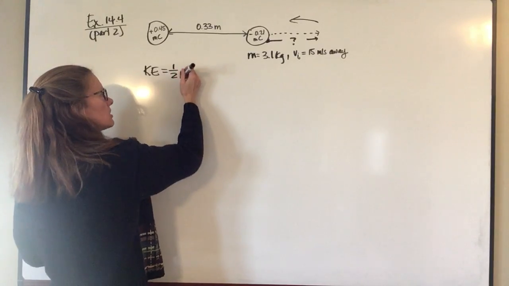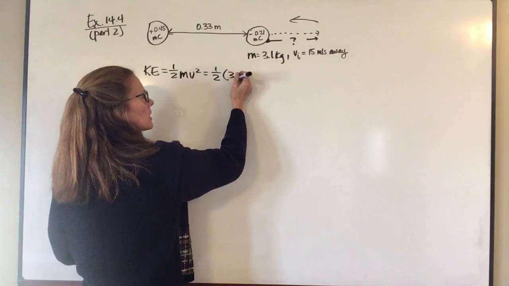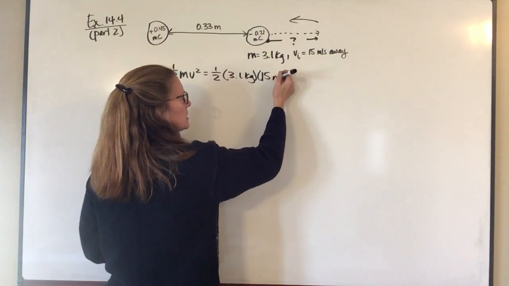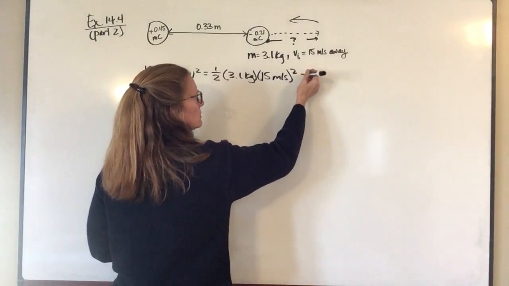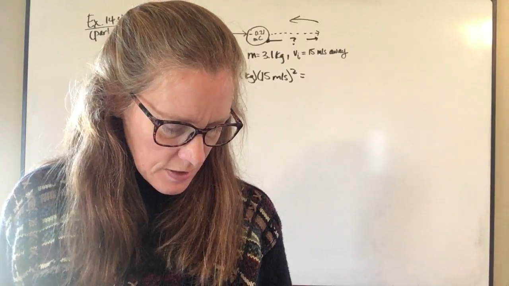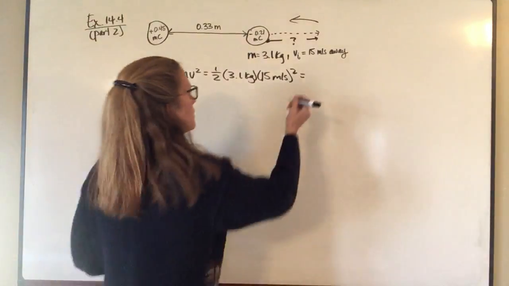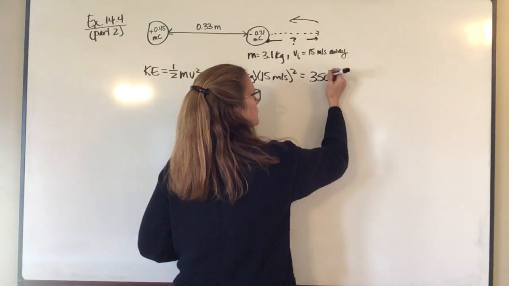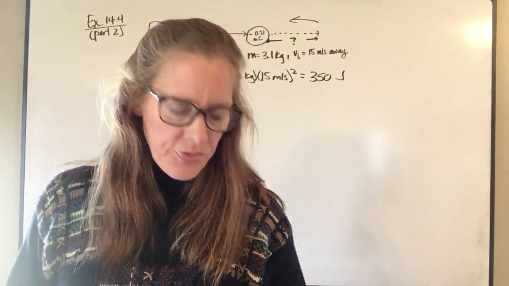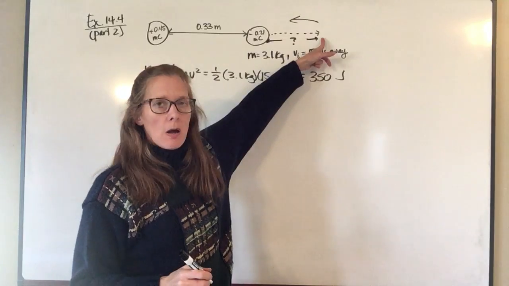Kinetic energy is 1/2 mv squared. So I have 1/2 times 3.1 kilograms times 15 meters per second, that quantity squared. And so the kinetic energy that I have here is a total of 350 joules.